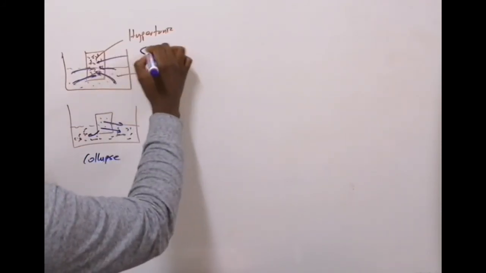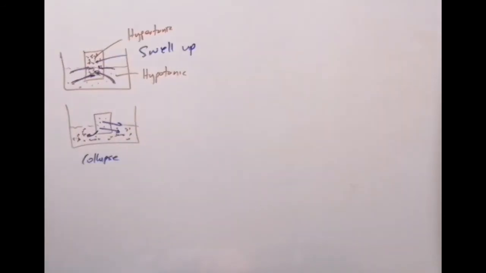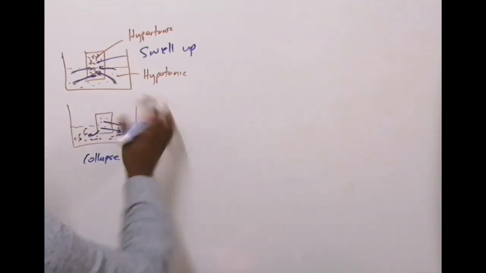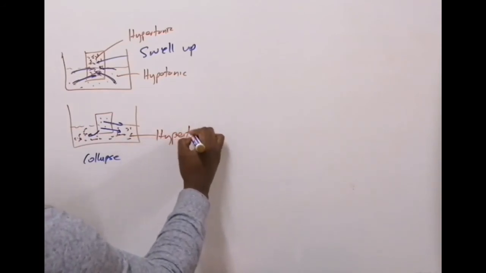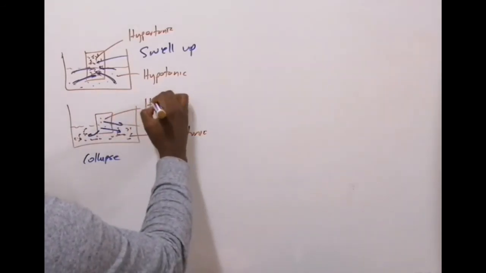This cell will swell up, right? I mean, this is what we learned earlier on when we were still in high school. So this is vice versa now. This one now is the hypertonic one, and this one is the hypotonic one.